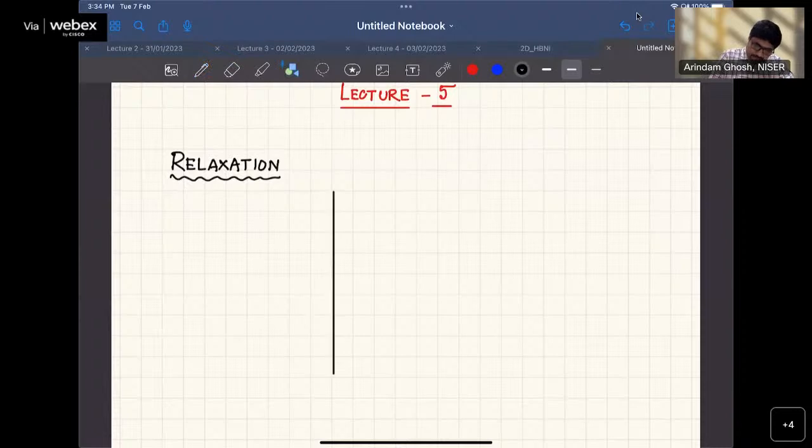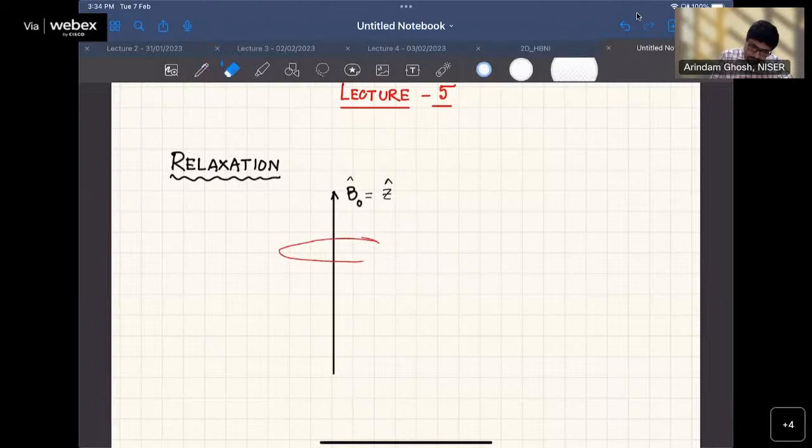So we had this B0 field. This is my B0 field. This can be the Z direction. And then two cones were created. One is the cone with all the spins over here, and they were all in the alpha state, which is aligned.